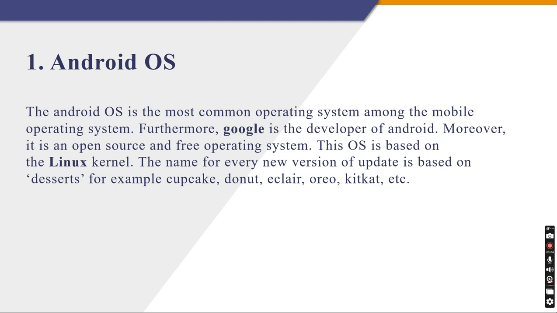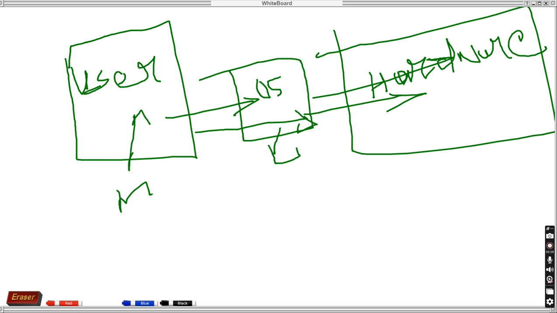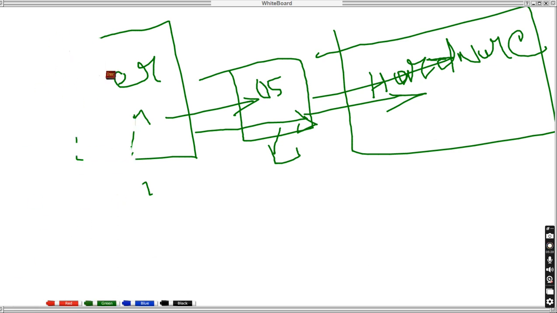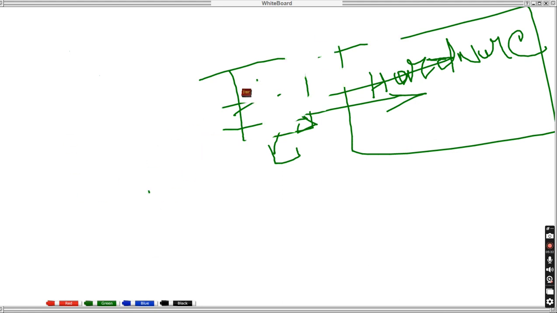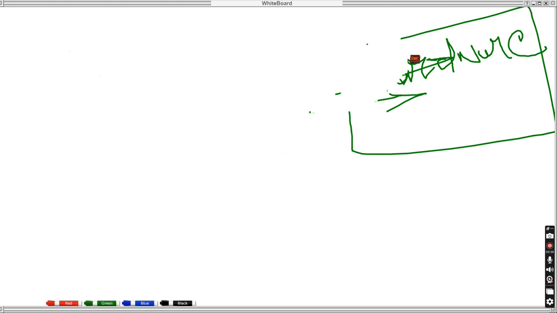Let's see what is kernel. Kernel is the most important part of your system, because kernel is the heart of your operating system. Without kernel, we can't do anything in your systems.